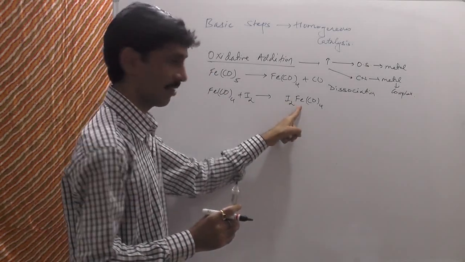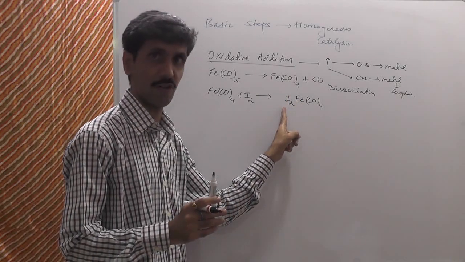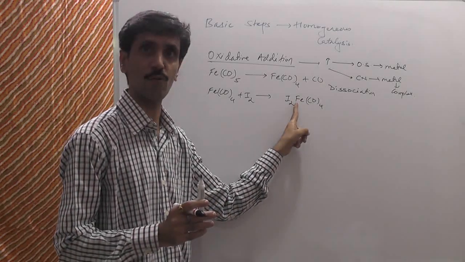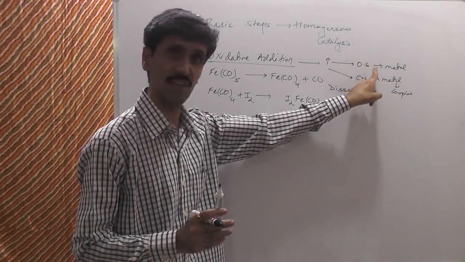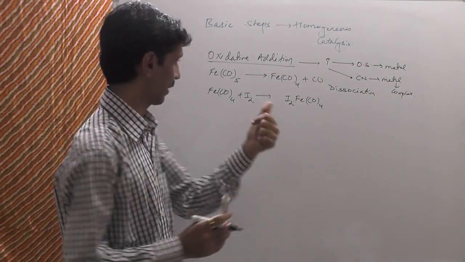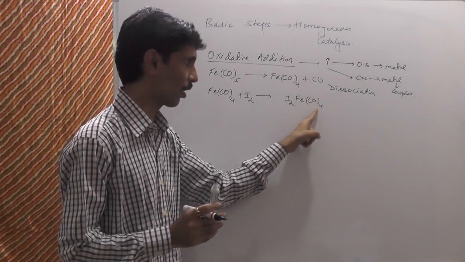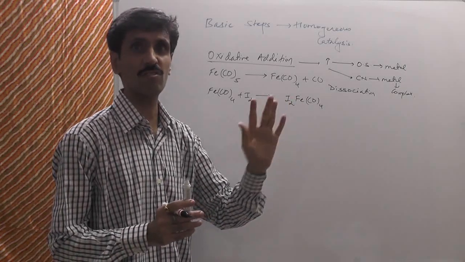Now Fe is along with iodine with a charge of -1 each. So in order to balance our charges, Fe will have a charge of +2. So from 0 to +2, that means it results in an increase in the oxidation state of the metal. The other point is that the coordination number of Fe was 4, and now it's 4 and +2, that means it comes out to be 6. So the coordination number is 6.